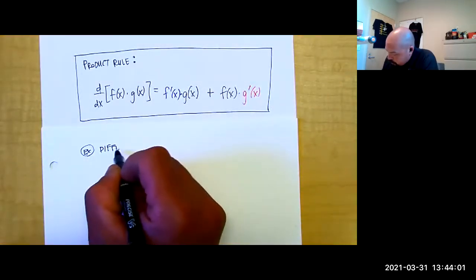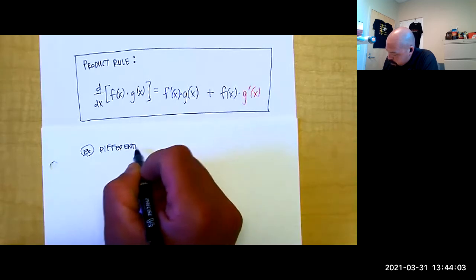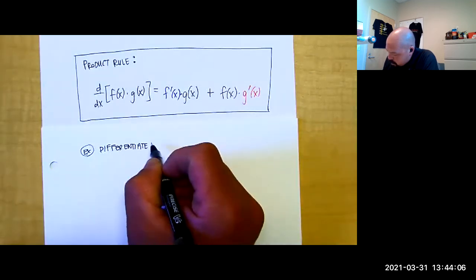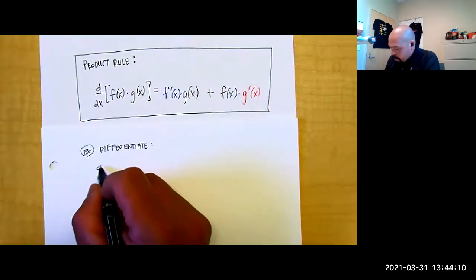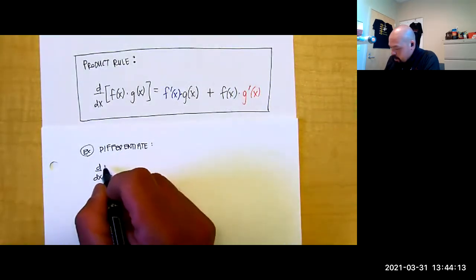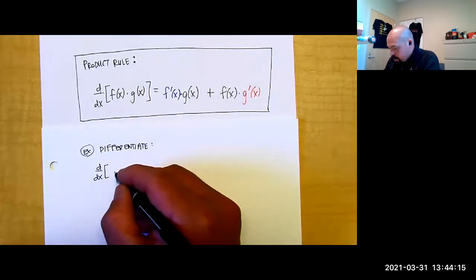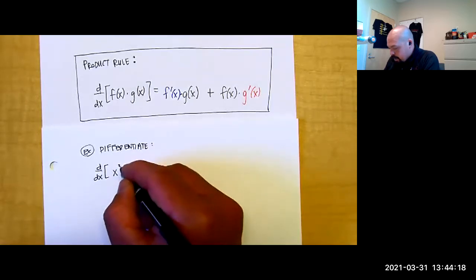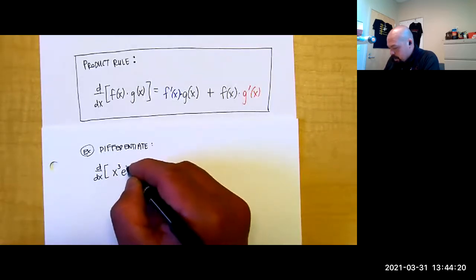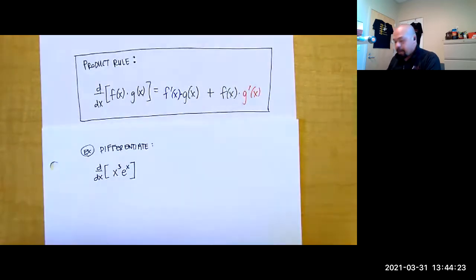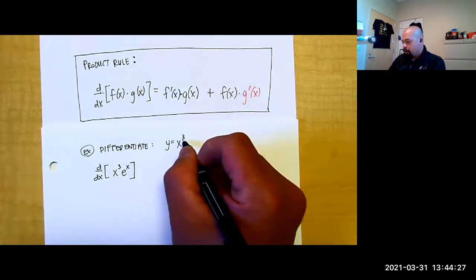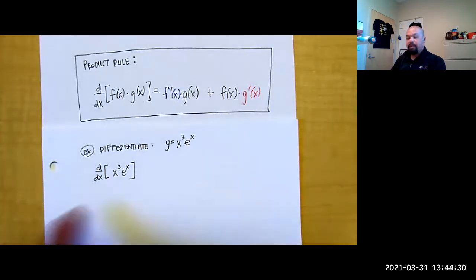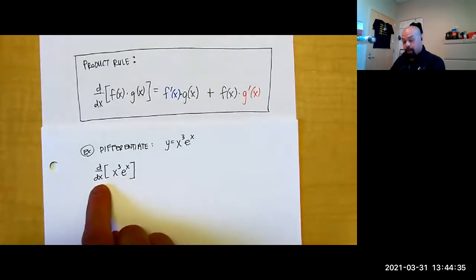So for a quick example, let's differentiate this problem here. Let's say we have d dx of x cubed e to the x. Maybe our y is equal to x cubed e to the x, and we're going to find that derivative, y prime.